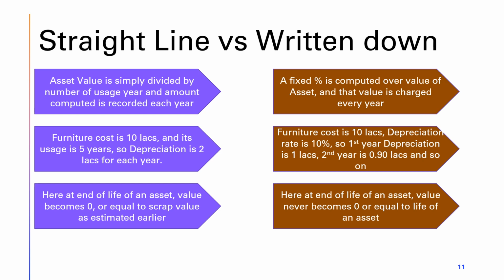Also, one thing to be noted is that under the straight line method, the value of the asset would be 0 or equal to the scrap value at the end of the usage period. Whereas in the written down value method, the value of the asset will never be 0 or never be equal to the scrap value.